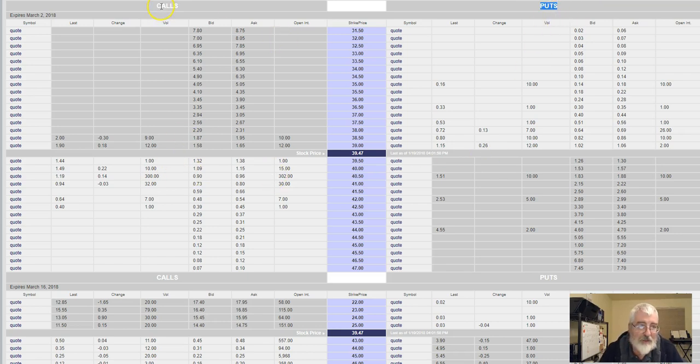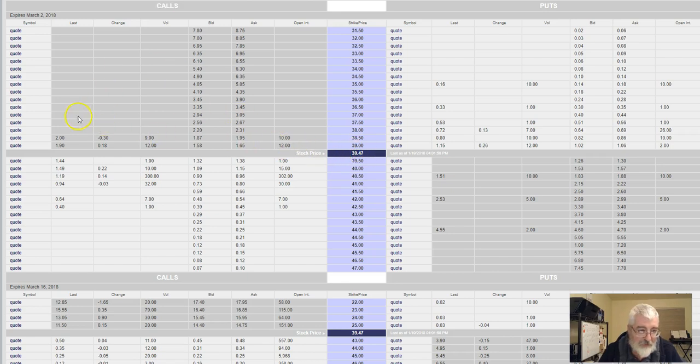When you're buying, we decided the stock will go up, so we're going to stay on this side of the fence. And when you're buying calls, you want to be in the money, which is a term that means underneath the selling price. So you don't want to go higher.